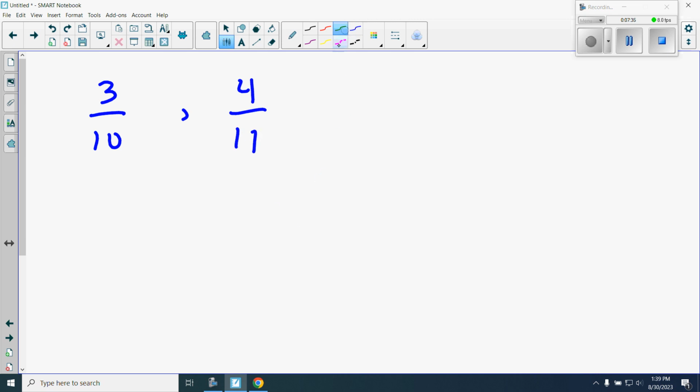Now, here again, you can list or you can find the least common multiple between those. You can do the prime factorizations. But in this case, 11's prime. Unless there's a factor of 11 over here in 10, which there is not, then I don't have to break them down. I mean, the smallest number that I'm going to have found in those two guys is going to just be 10 times 11.